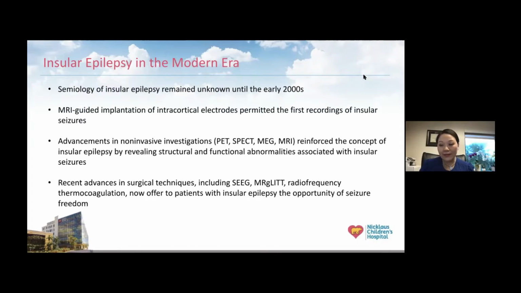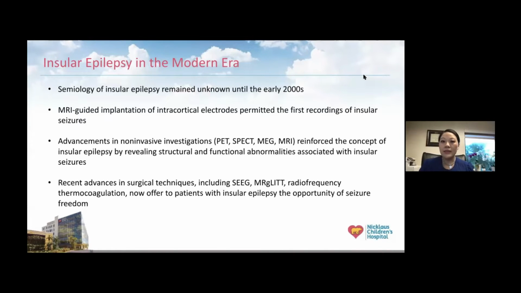Furthermore, we had great advancements in non-invasive investigations, including MRI, functional MRI, PET, SPECT, and MEG, that reinforced the concept of insular epilepsy by revealing structural and functional abnormalities associated with insular seizures. And then, of course, recent advances in surgical techniques, including SEEG, MR-guided LITT, and radiofrequency thermoablation, now offer patients with insular epilepsy the opportunity for seizure freedom.